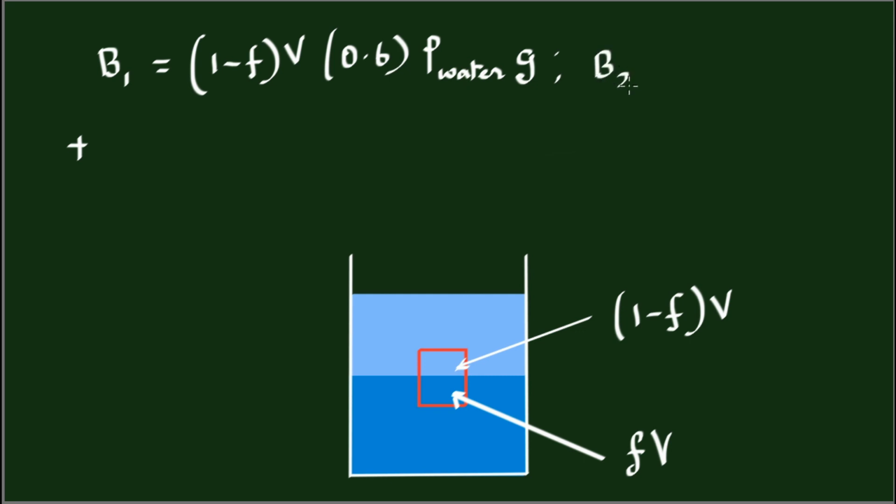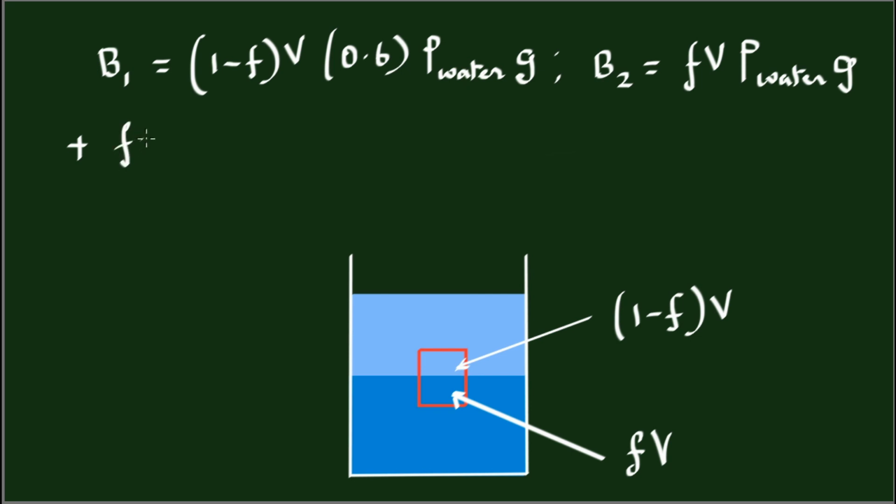The buoyancy, let's call it B2, of the lower liquid is the volume of the lower liquid that's been displaced multiplied by density of water because that is water. That gives me the mass of the liquid displaced, multiplied by G gives me the weight of the liquid displaced.